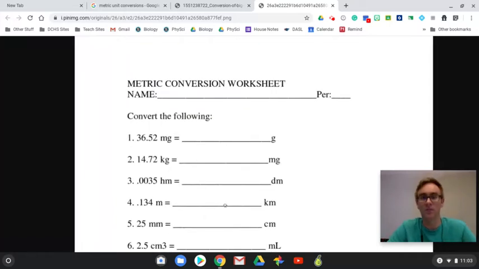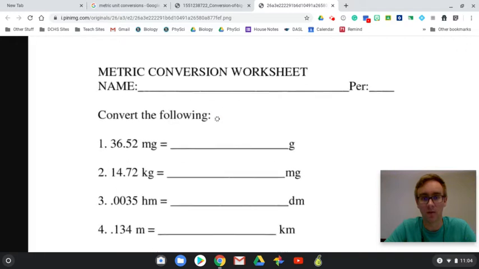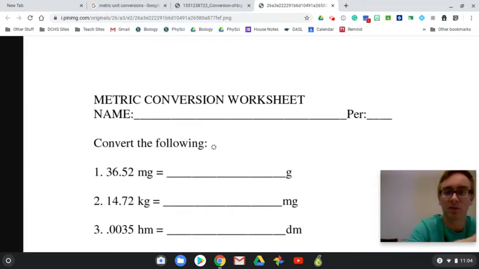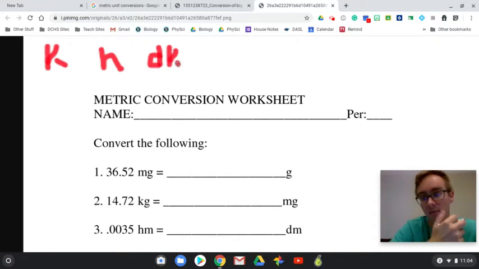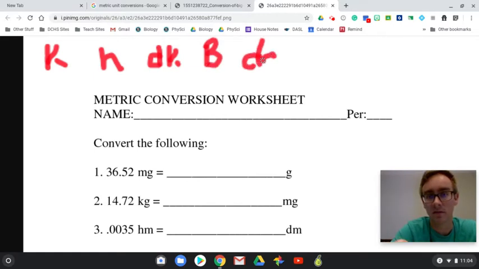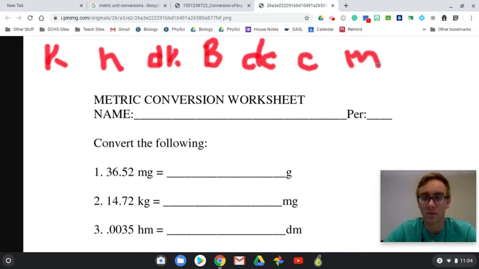First, across the top, since I'm on a separate page, I'm going to put the prefixes so I have them available. I know it's kilo to start, then hecto, then deca, which can be abbreviated dk or dc for some people. Then we have the base, deci, centi, and milli.